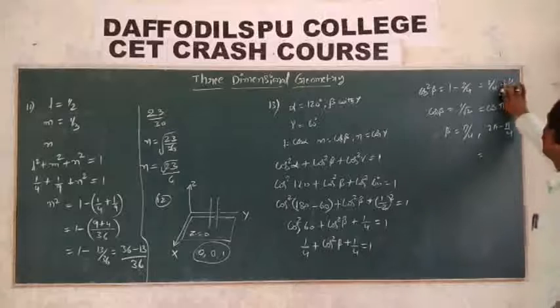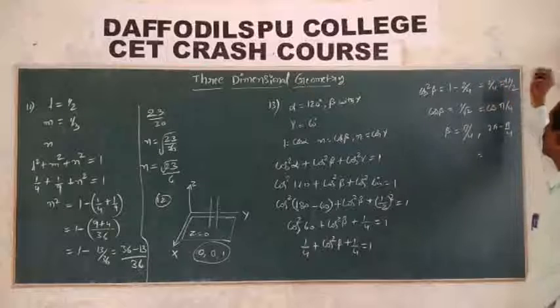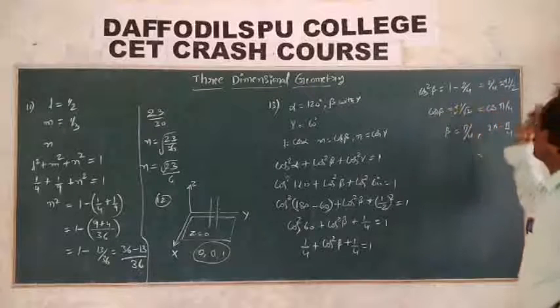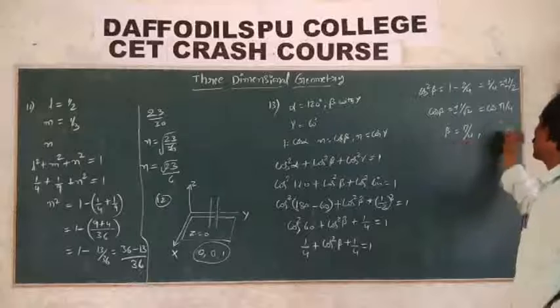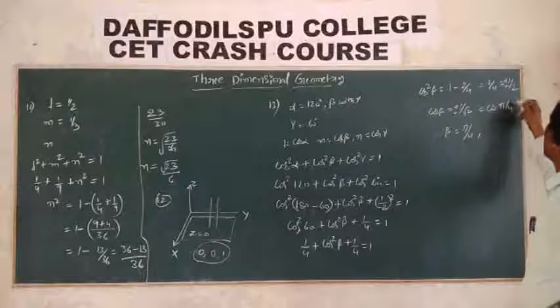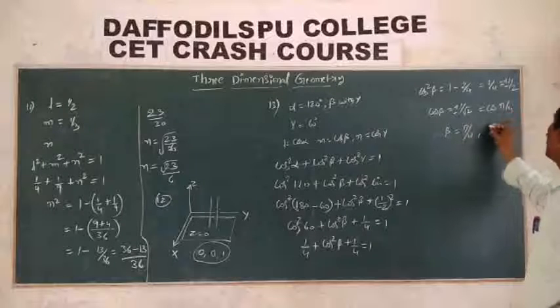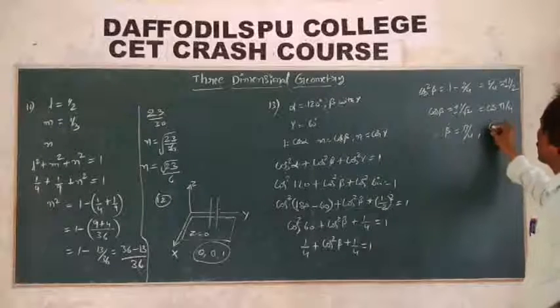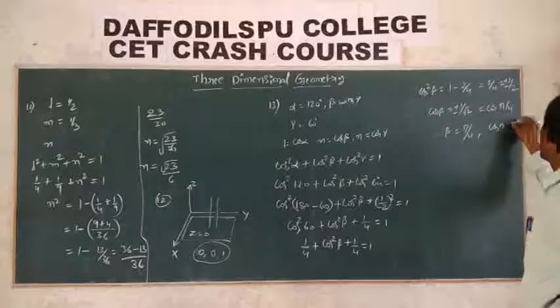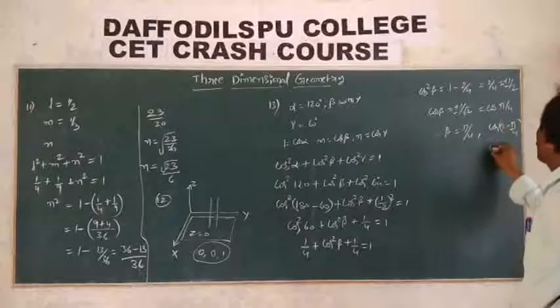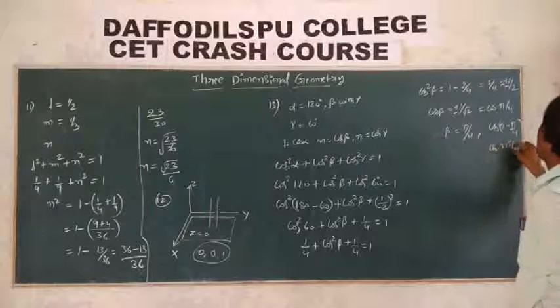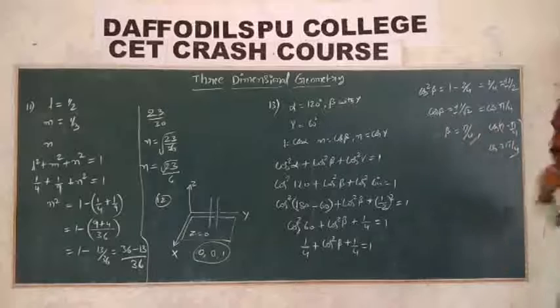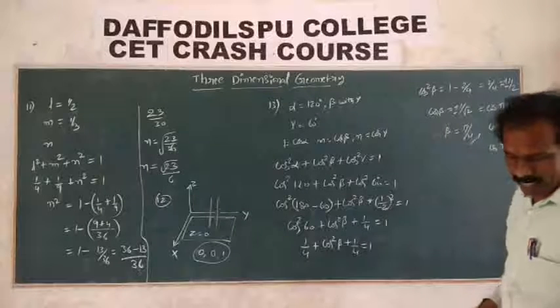So take here cos square is plus or minus value. So minus value, minus 1 by 2 cos, therefore cos 3 by 4. So pi by 4 and 3 pi by 4, plus or minus.